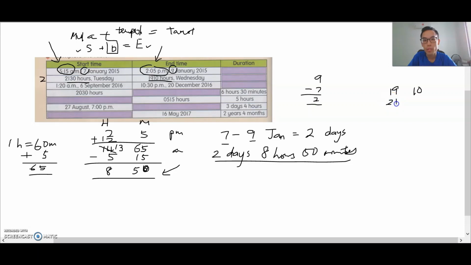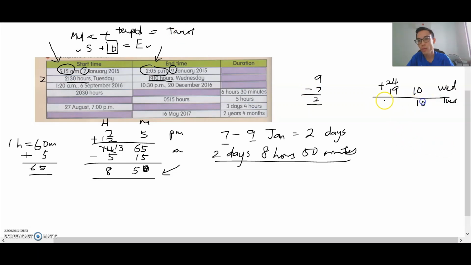Starting time is 21:30. This 19:10 here is the new day. This is a Wednesday. This is a Tuesday. So for a new day you can add 24 hours first because it's a brand new day. Hari yang baru tambah 24 jam dulu sebelum awak tolak.